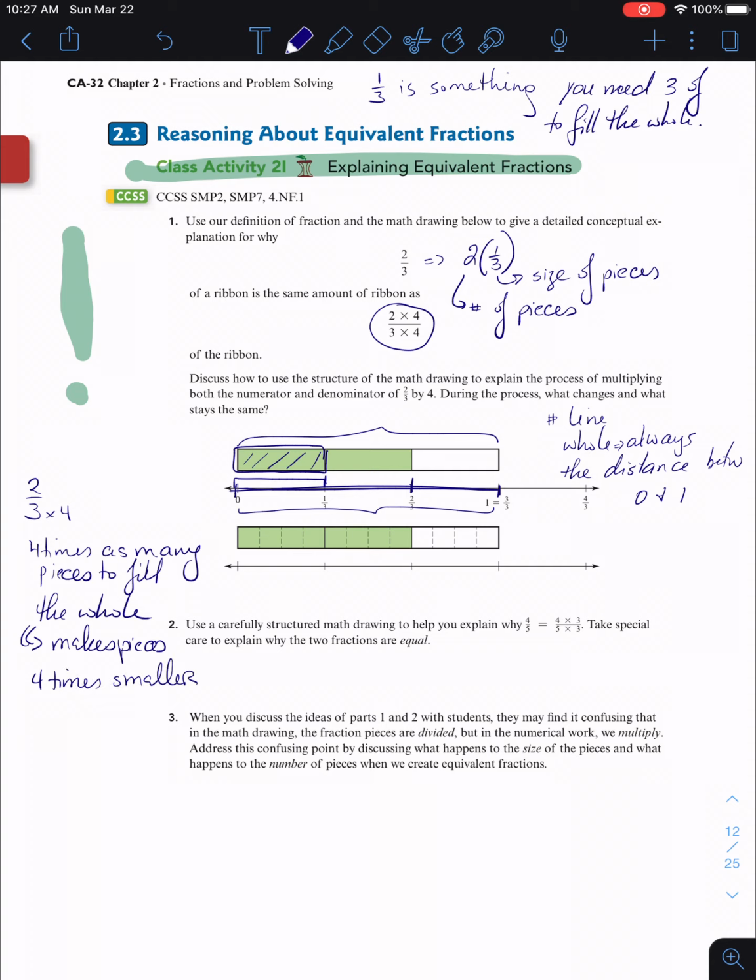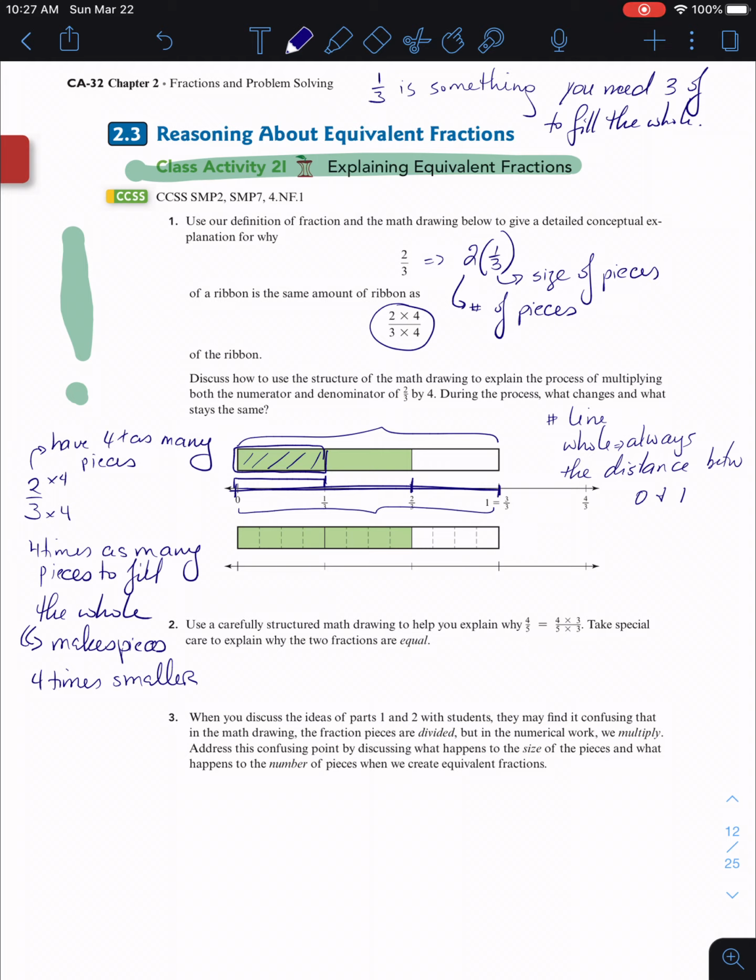Or you're cutting each piece into 4 different smaller pieces. Now, when we're multiplying the 2 by 4, we're saying that we have 4 times as many of those smaller pieces. So does it make sense that if you make the pieces 4 times smaller, that you will need 4 times as many of them?